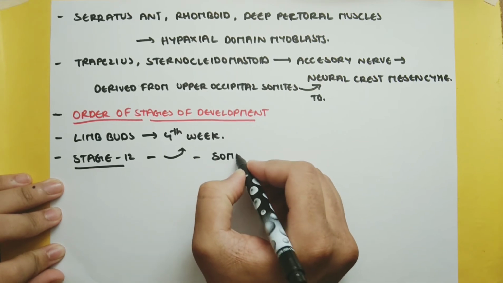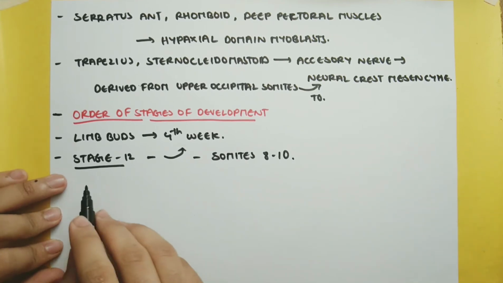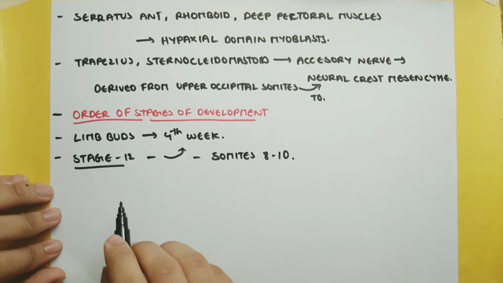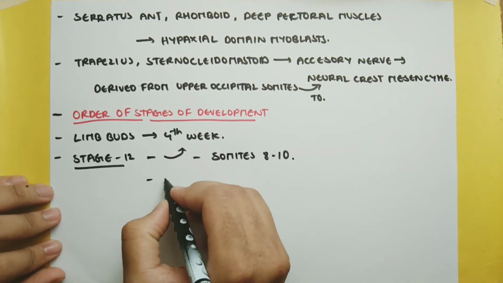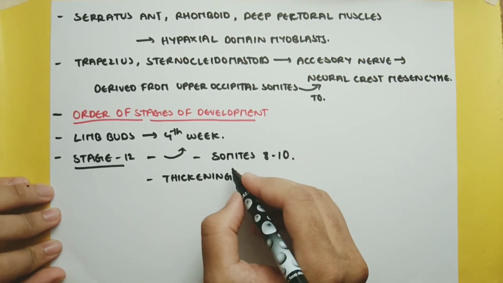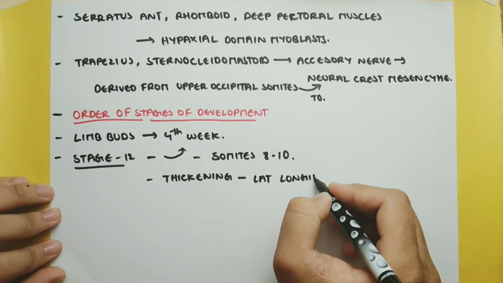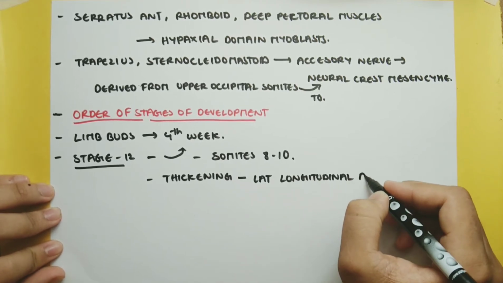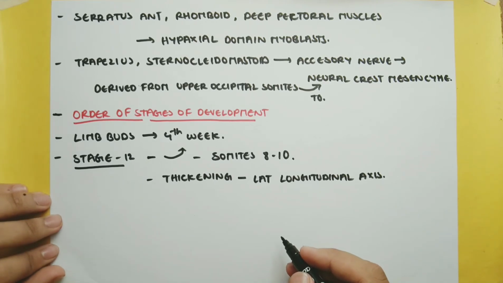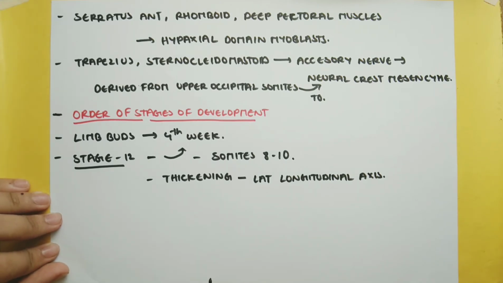From somites 8 to 10. In this stage, the upper limb bud is first visible as a thickening along the lateral longitudinal axis of the body wall opposite somites 8 to 10.